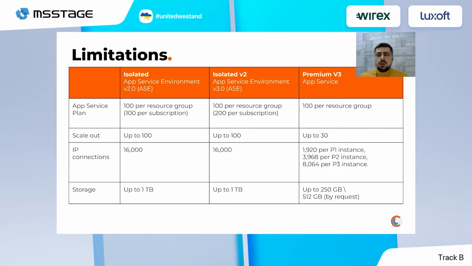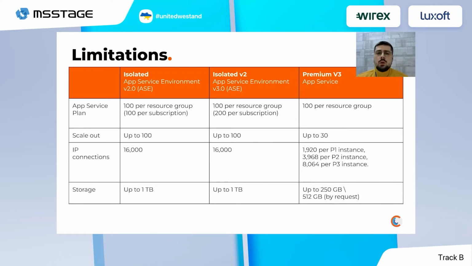On the region level, but for the subscription, App Service v3 can have up to 200 total App Service instances across all App Service plans combined. And Premium v3 App Service is limited to 100 App Services per resource group.